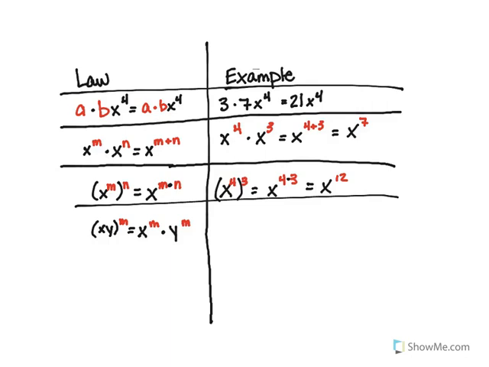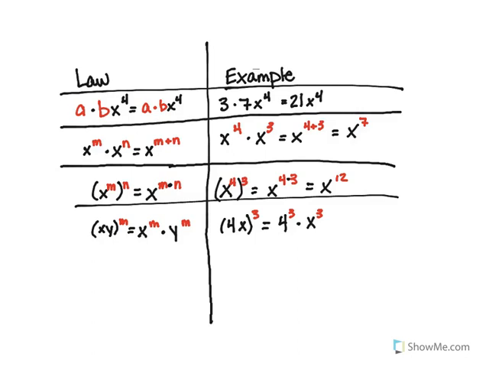So for example, if we have, let's see, 4x, and it's all raised to the third. That means we're going to have 4 raised to the third times x raised to the third.